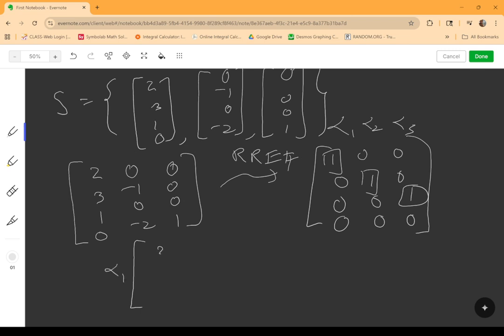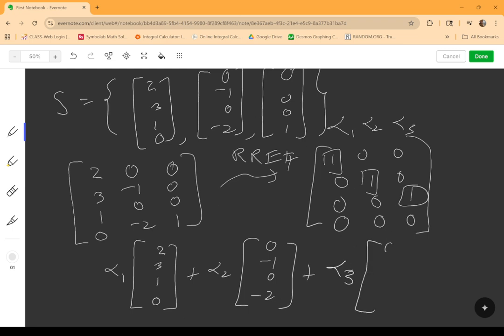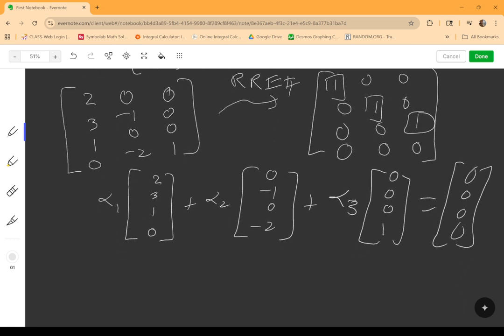So what this is telling me is that, given this linear combination, this linear dependence relation, the only solution, as we just showed with our reduced row echelon matrix, is the trivial solution.